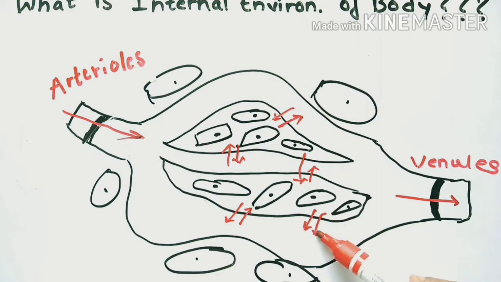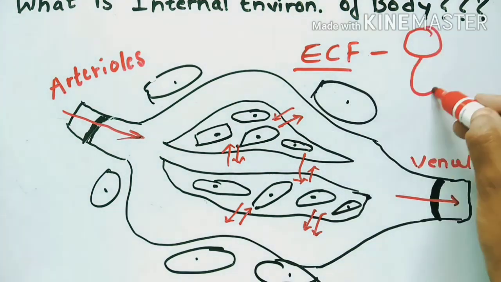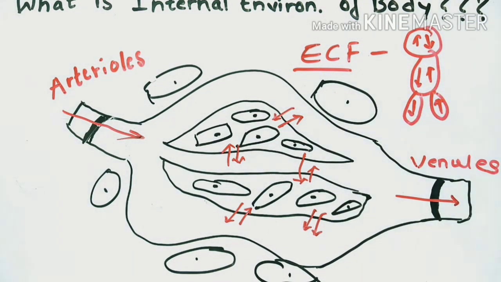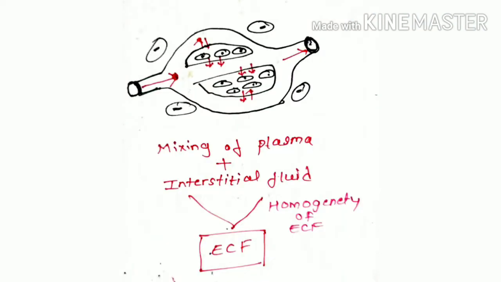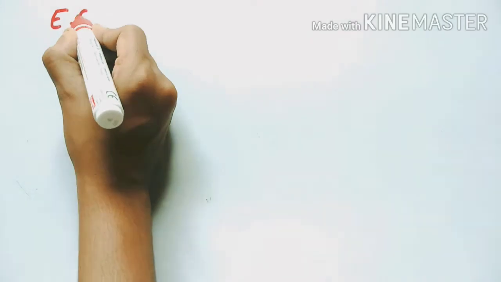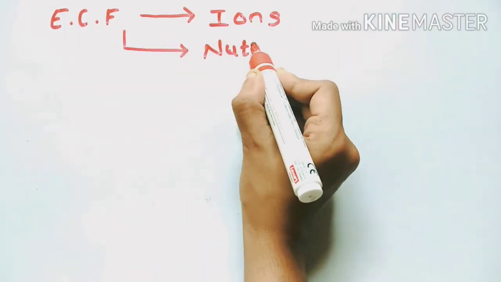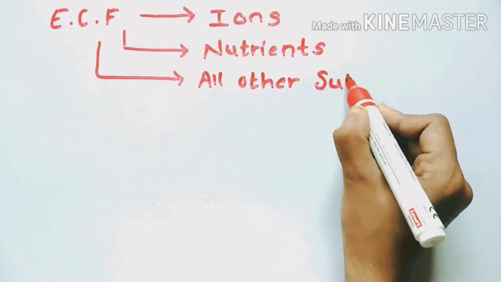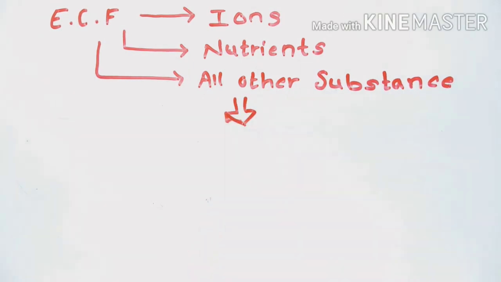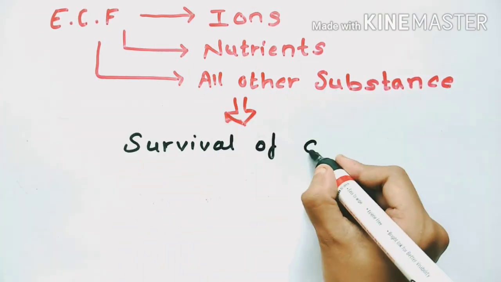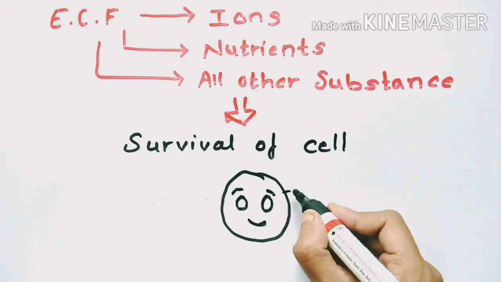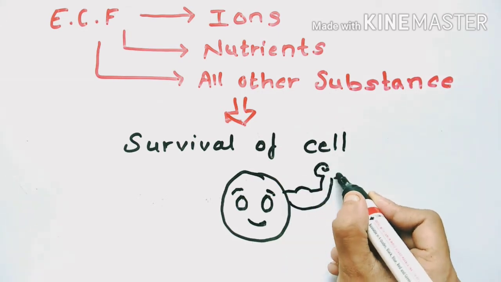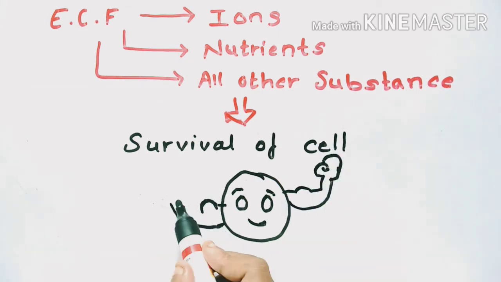It is shown by the arrows. Thus, ECF is present everywhere in the body. Both plasma and interstitial fluid continuously mix and maintain the homogeneity of ECF. Extracellular fluid, ECF, contains ions, nutrients, and all other substances that are necessary for a cell to survive and hence keeping your whole body alive.